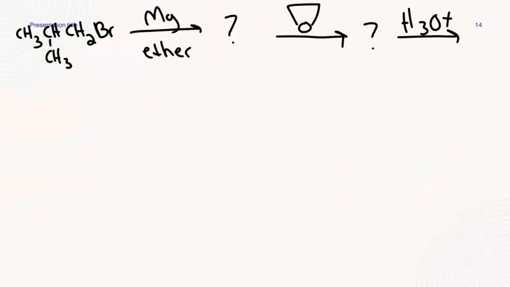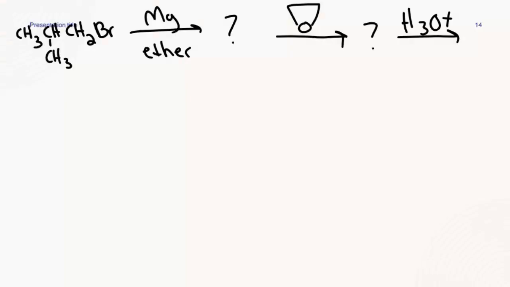Okay, last thing. Grignard reagents. Remember in Chem 1, the whole basis of covalent and ionic bonds is electronegativity, right?